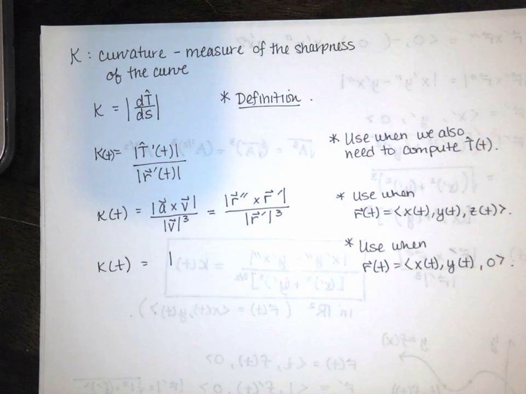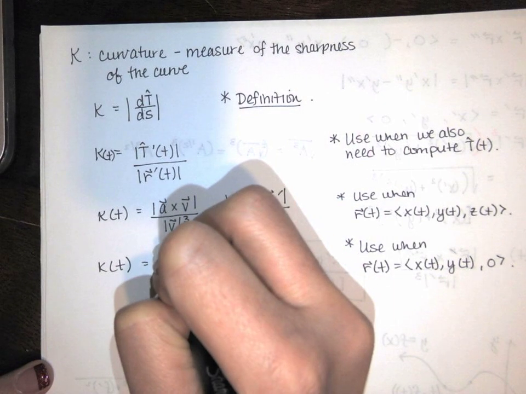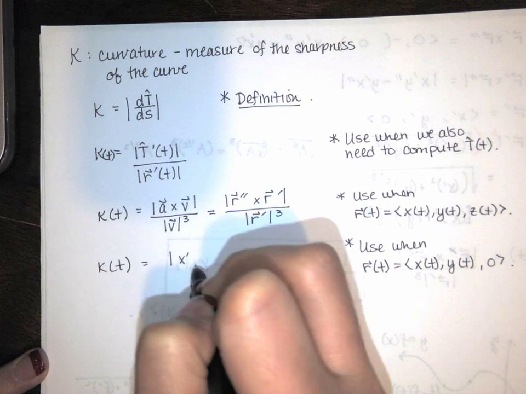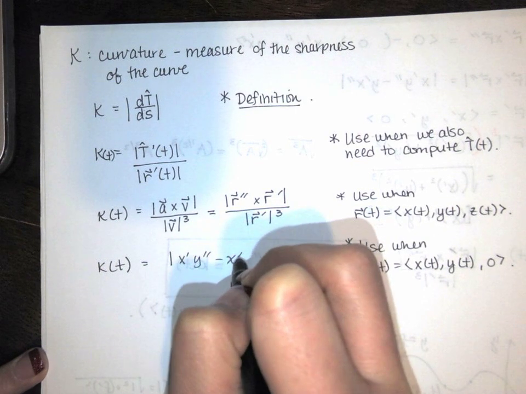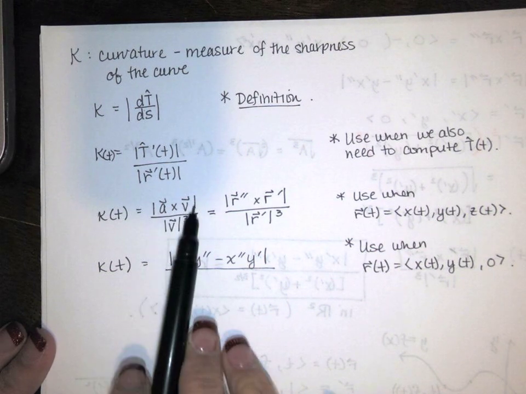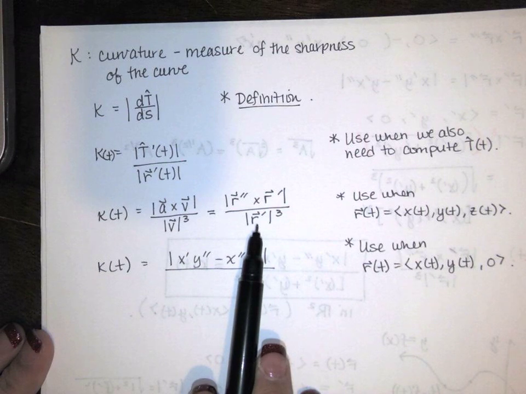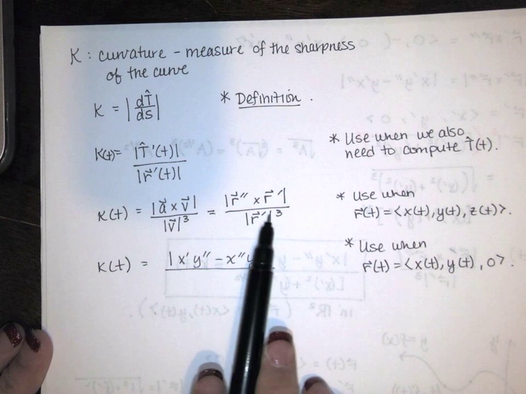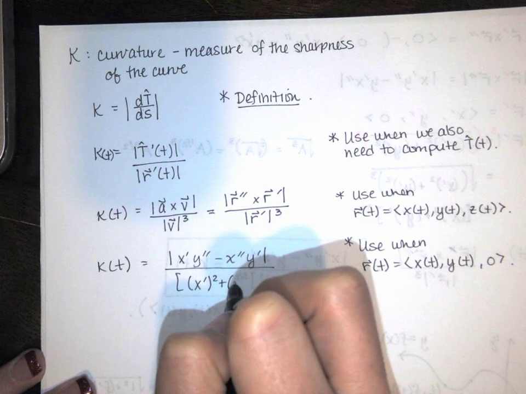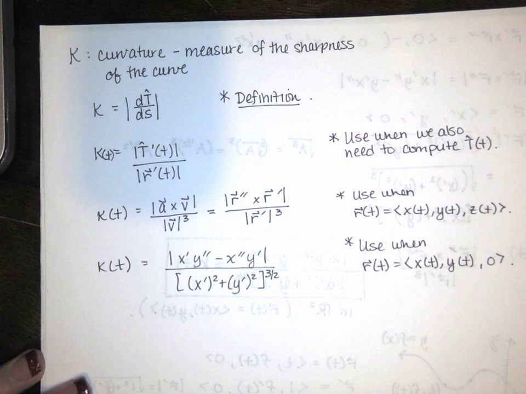It was x prime times y double prime minus x double prime times y prime. That's what our numerator simplifies to. And the magnitude of the velocity vector cubed turns out to be x prime squared plus y prime squared to the 3/2 power.